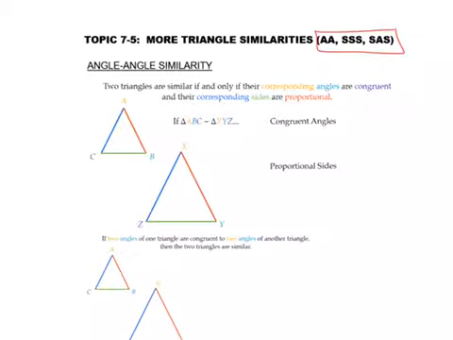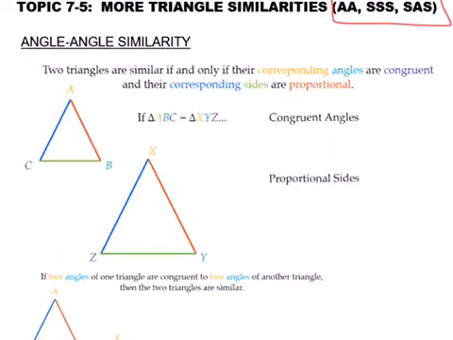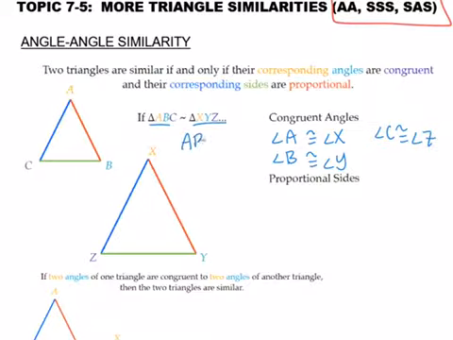So if ABC is similar to XYZ, then your congruent angles are A and X, B and Y, and C and Z. Remember, we can set these 2 up, A, B, C, X, Y, Z, and the pieces that are on top of each other are congruent.